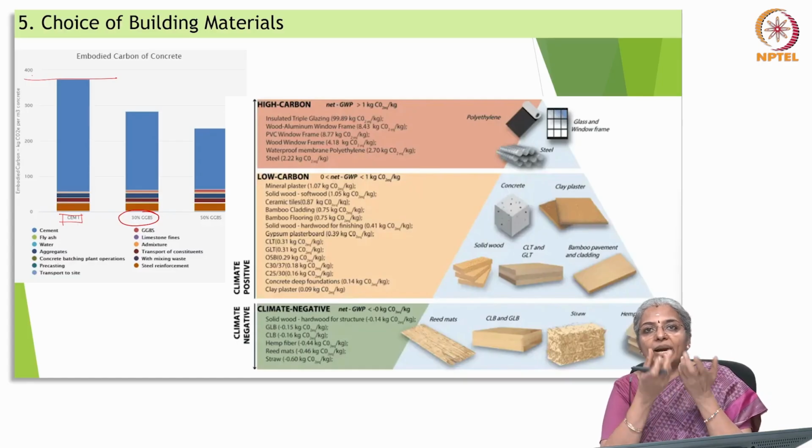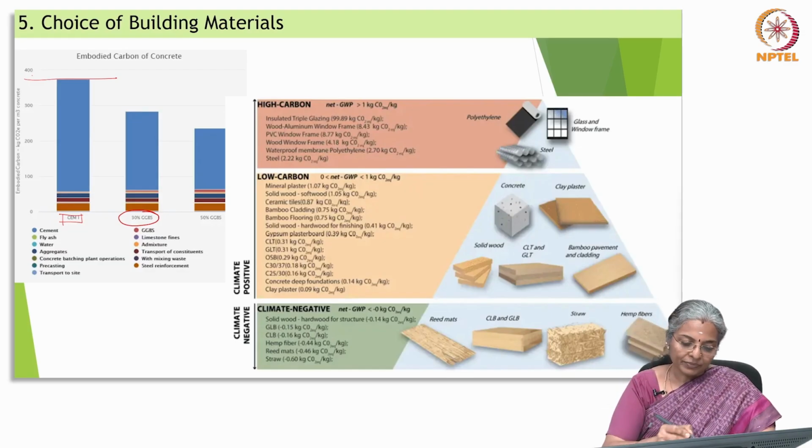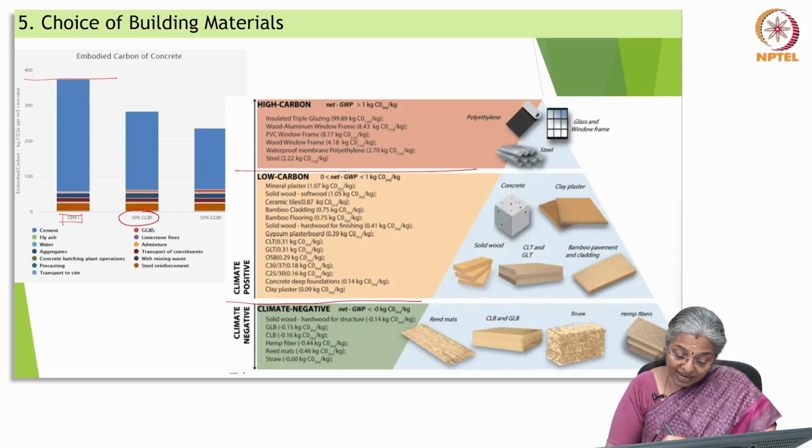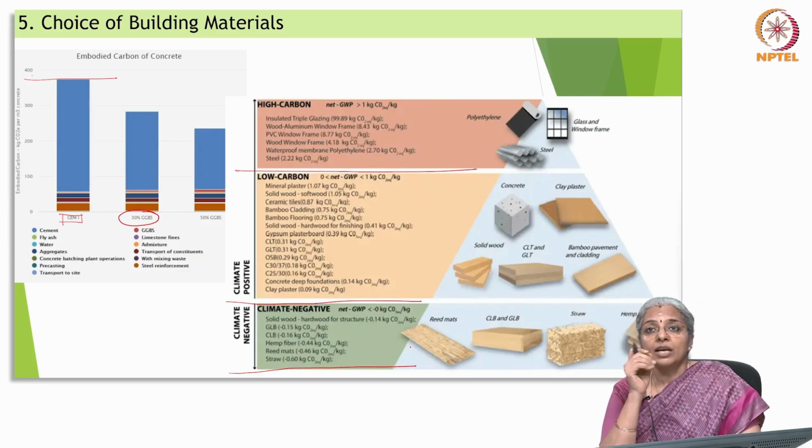Materials can be classified according to their global warming potential as high carbon materials, low carbon materials, and also climate negative materials. There are several alternatives in the market, and we can also be very innovative in how we combine these building materials.